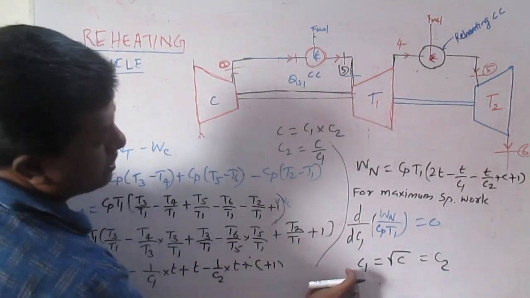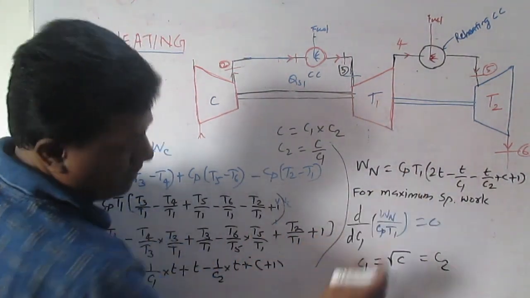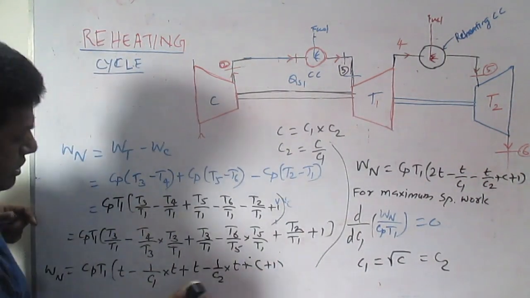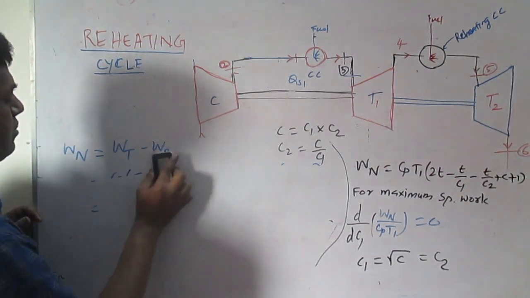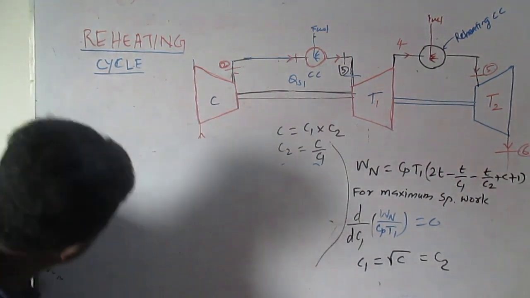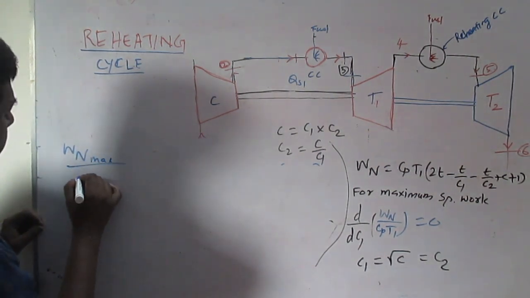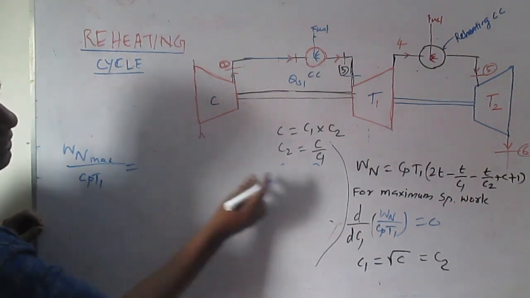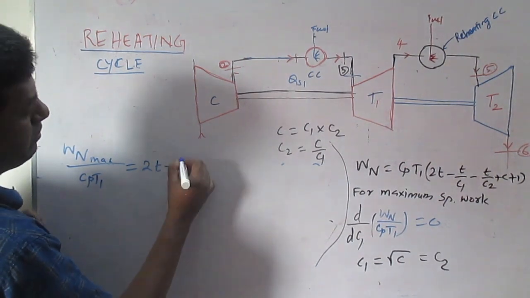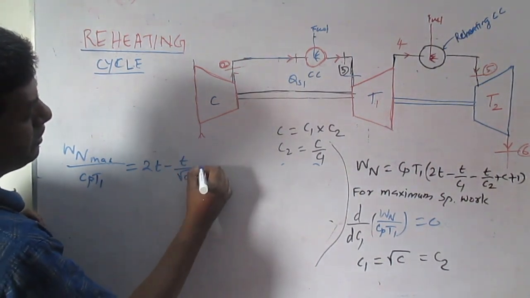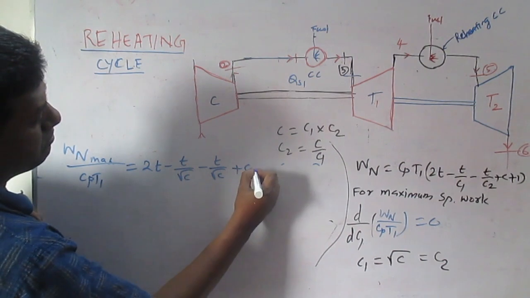Once we get C1 and C2 equal to this, we are going to replace them. So we can now say the maximum work by Cp T1 is equal to this condition: 2T minus T by root C minus T by root C, plus C plus 1.